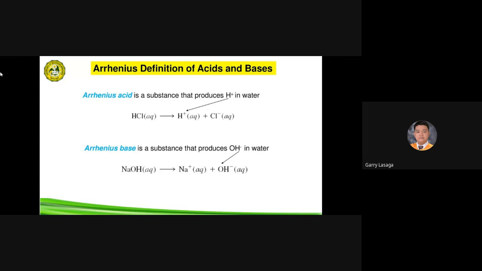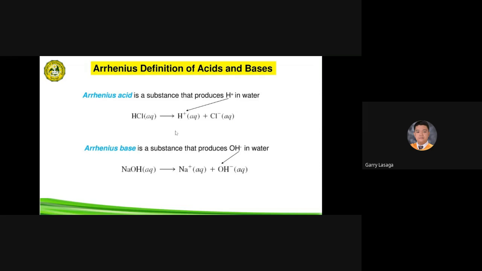An example of an Arrhenius acid is HCl or hydrochloric acid. For example, when you place HCl in water, it will completely dissociate into hydrogen ion and chloride ion.